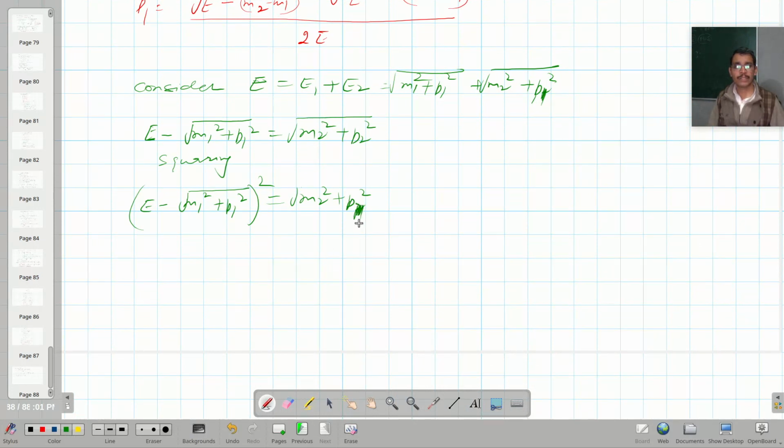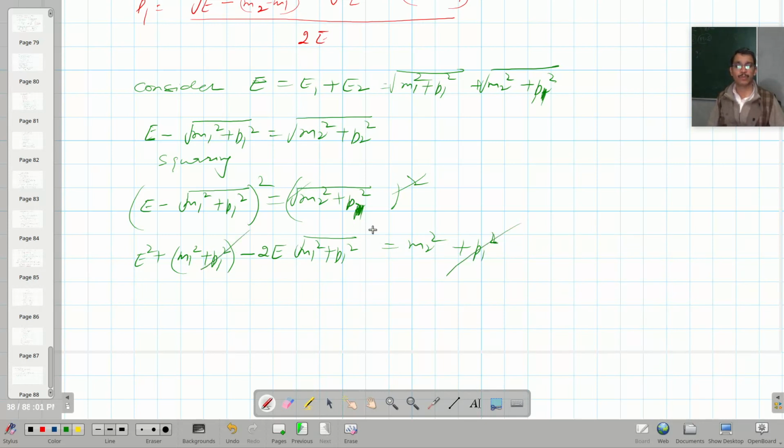So it is m2 square plus p1 square. So this square and square root will cancel out, and applying the formula of (a minus b) whole square, it is E square plus m1 square plus p1 square minus twice of E times square root of (m1 square plus p1 square) is equal to m2 square plus p1 square, and this p1 square on both sides will cancel out.